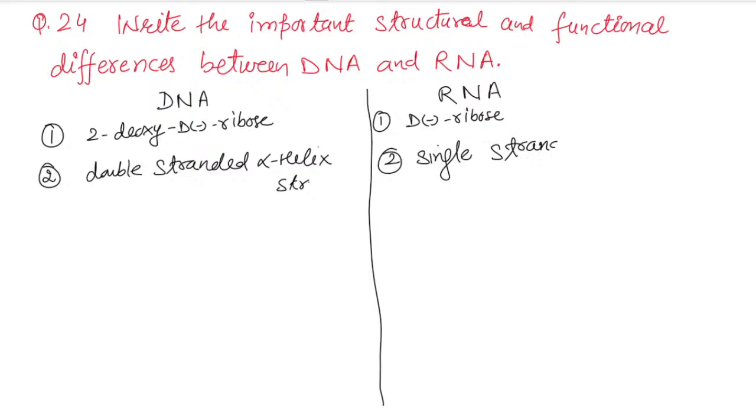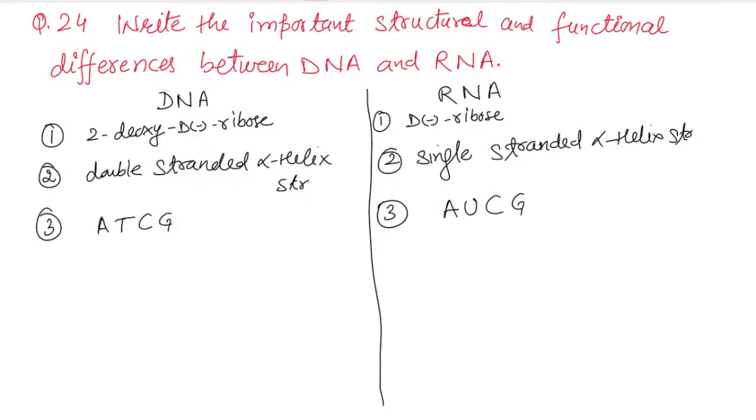In DNA, the bases present are adenine, thymine, cytosine, guanine, but in RNA, the bases present are adenine, uracil, cytosine and guanine.